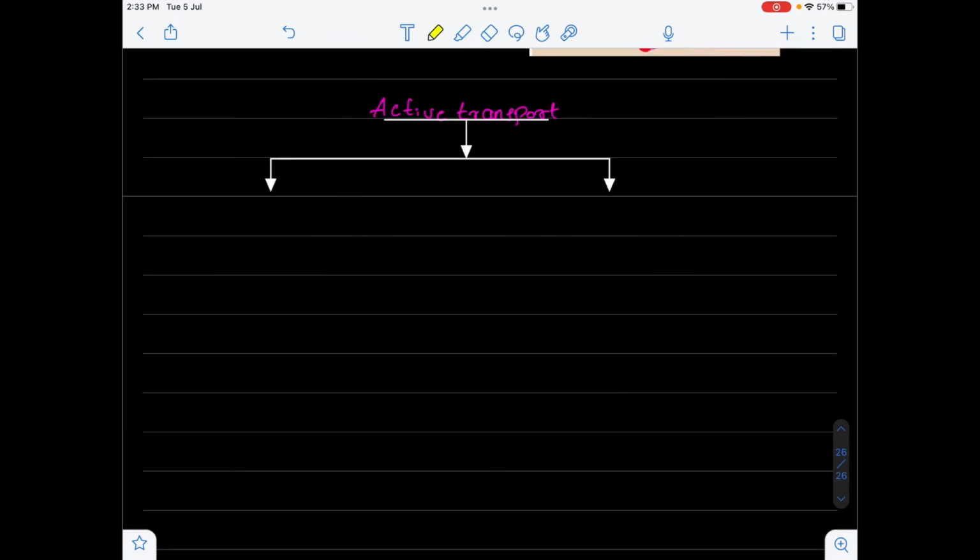Active transport is of two types. First one is endocytosis. And the second one is exocytosis. Now let us see what is meant by endocytosis. It is the ingestion of material by the cells through the plasma membrane.